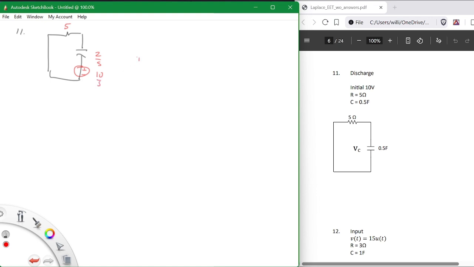So my I, going in this direction, is equal to minus 10 over s over 5 plus 2 over s. And again, I won't work this one out, but this is going to be an e to the minus whatever, all it is.